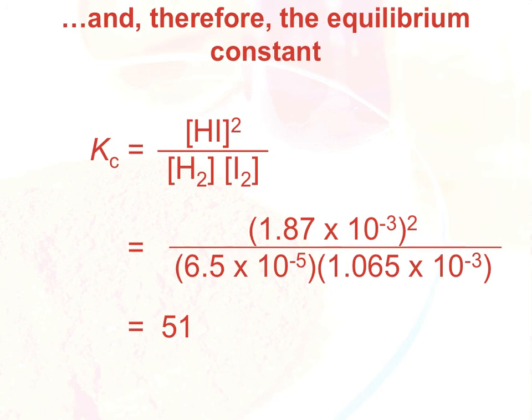Then you plug your numbers in and figure out your equilibrium concentrations for each of the reactants and products. You then plug them into your equilibrium expression and get your Kc value. If you follow this process, you will be able to figure out what the equilibrium constant value actually is.